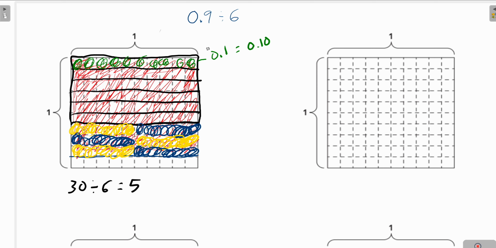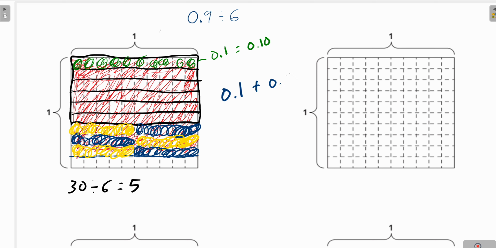Okay, so this one is 1/10 plus another 5 hundredths, right? So that means that each group is going to have exactly that. It's going to have 1/10 plus that additional 5 little boxes here. That means 5 hundredths.